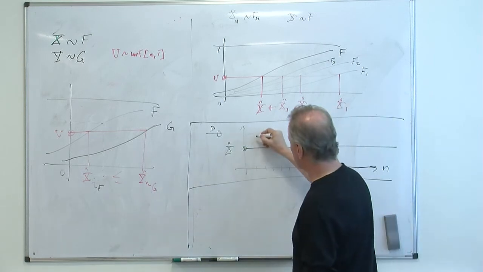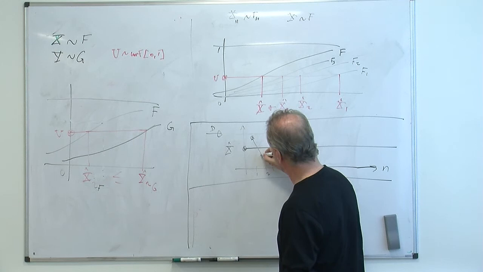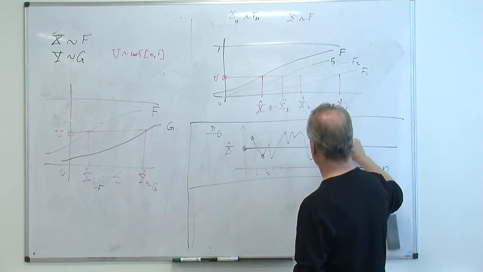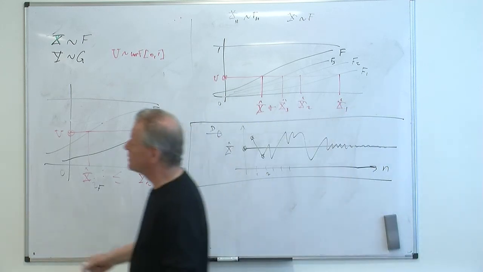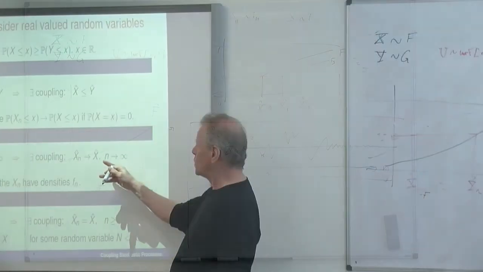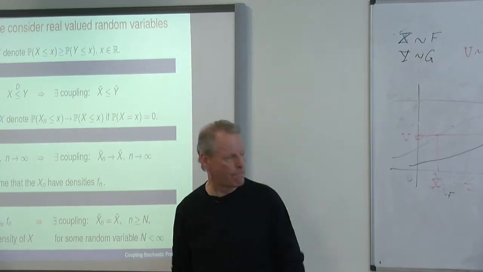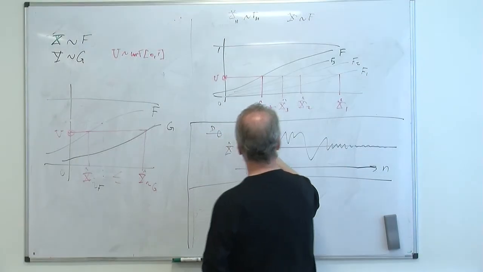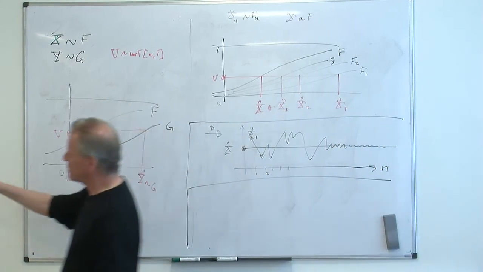And then the other variables, this is 1, 2, they wiggle around and get closer and closer. That is this. This is x hat 1 and so on. So this is to illustrate this limit result.